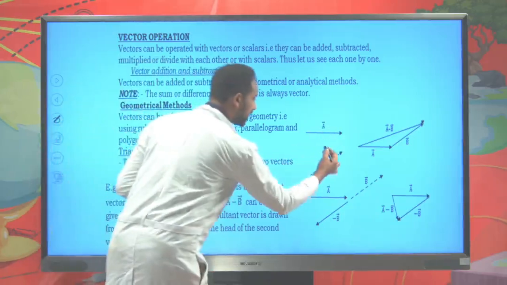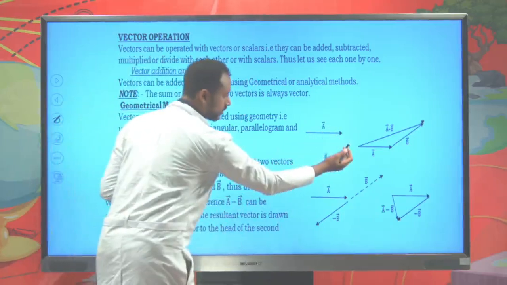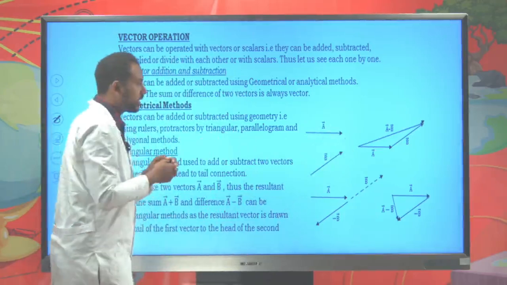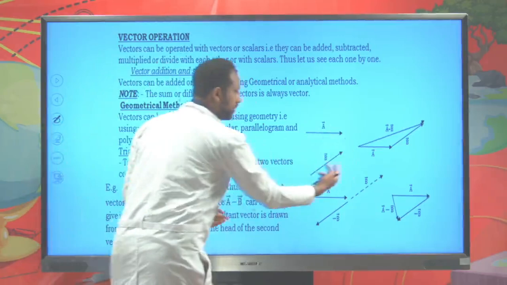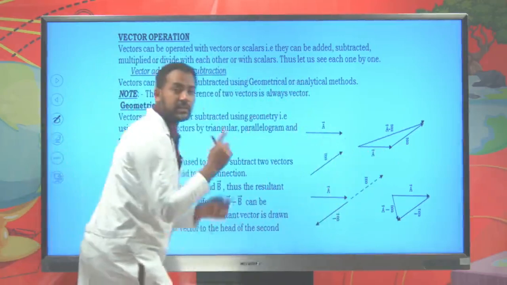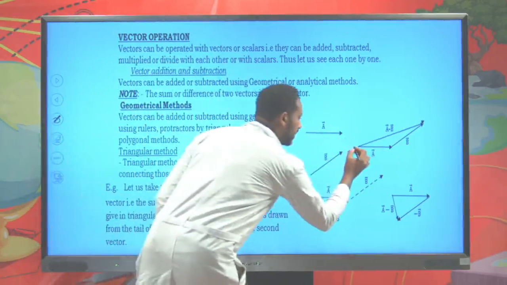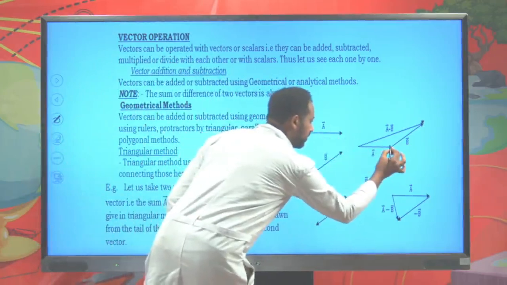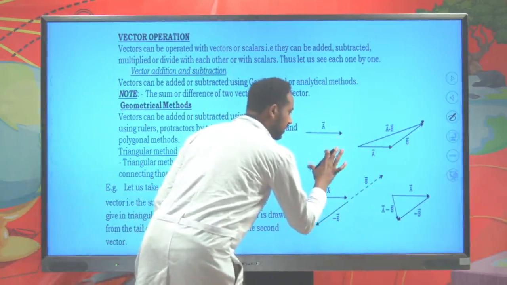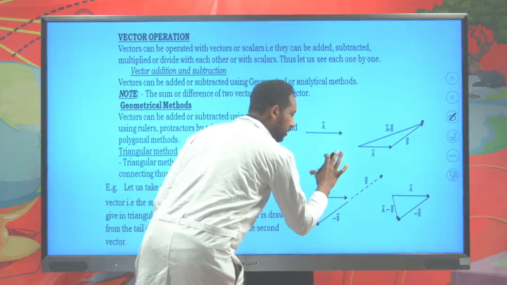Suppose here you have vector A and vector B. Vector A is acting in this direction and vector B is acting in this direction. So the summation or the difference of these 2 vectors can be found. First, using the triangular method, you have to make a head-to-tail connection. That means the head of the first should be connected to the tail of the second.